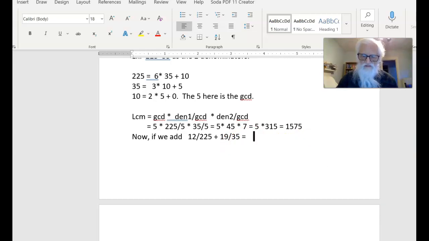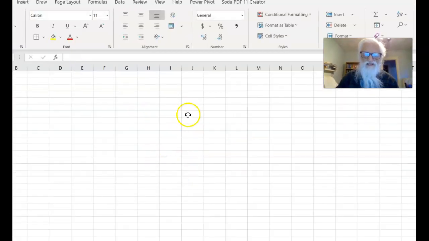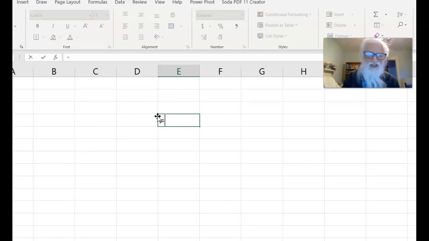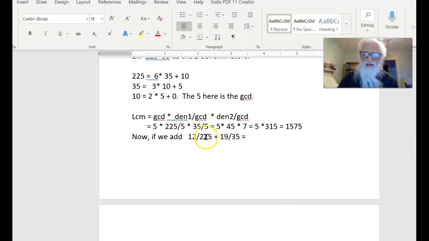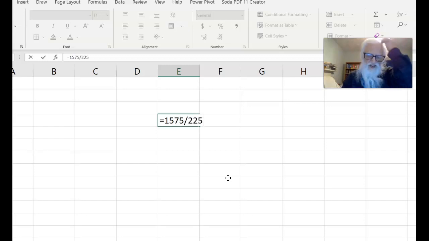I don't feel like doing the arithmetic, so I'm going to go over and cheat. I'm going to bring up an empty file here, and I'm just going to do a little arithmetic. So let's see. I have 12. The denominator that I had here a minute ago was 225. It's now 1575. So I need 1575 divided by 225.